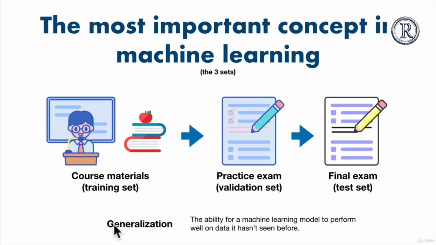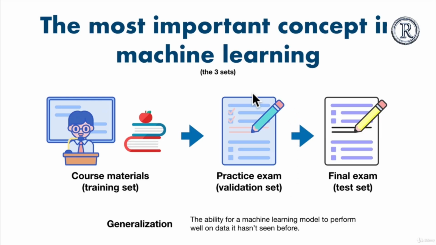So you're not going to be able to generalize very well. And so early stopping helps prevent our model from overfitting the course materials, aka the training set, so that when it comes to a data set that our model hasn't seen before, it's able to perform well.